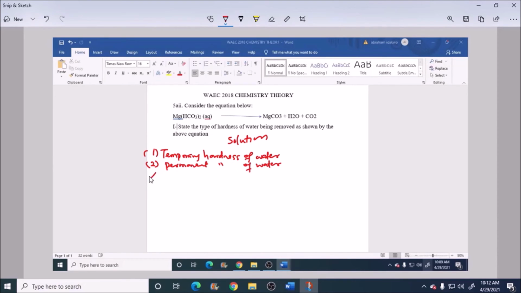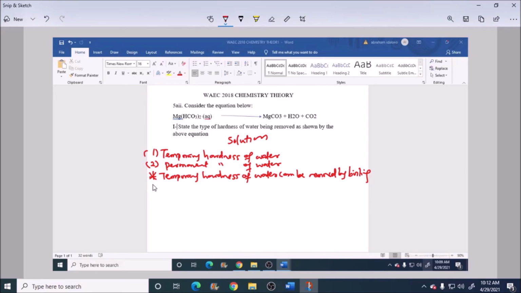The temporary hardness of water can be removed by boiling. So we can remove the temporary hardness of water by boiling.